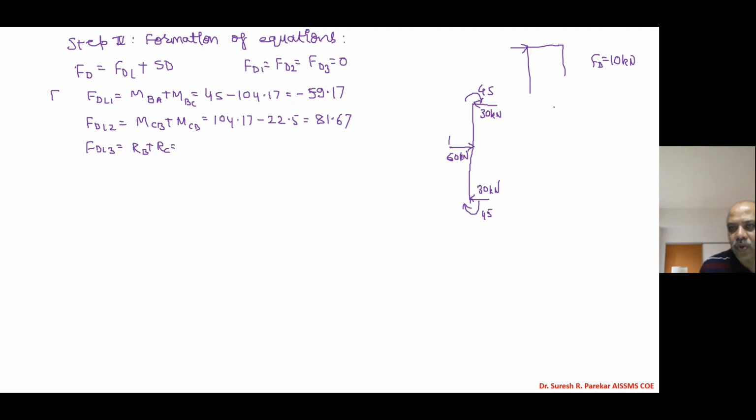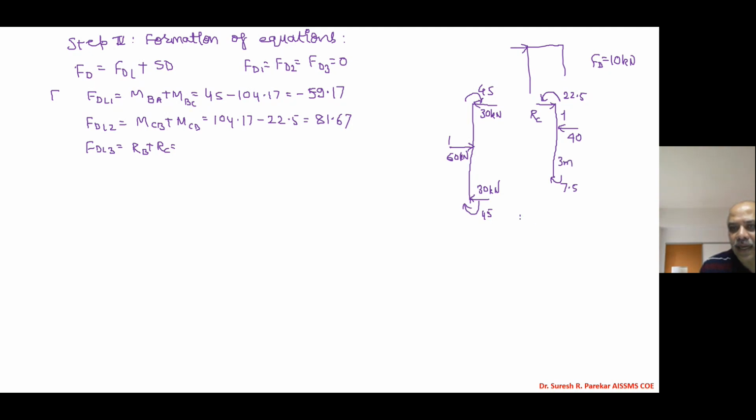And then if we go to the other one, we have this as 22.5. And then on this side, that is clockwise, 7.5. And then we have the value over here, that is 40. Therefore, we will get this RC, and this is 3 meter.